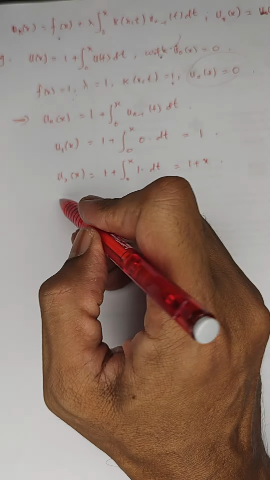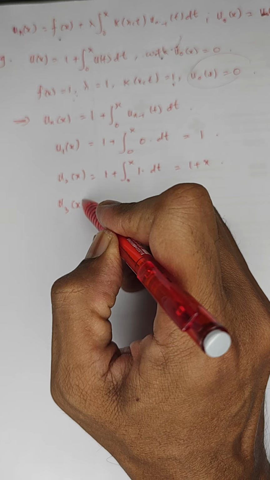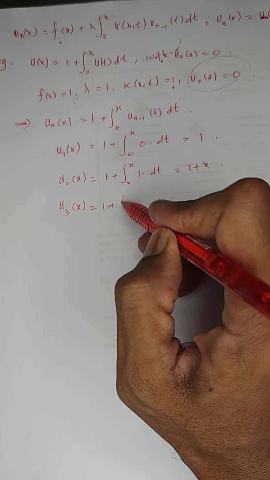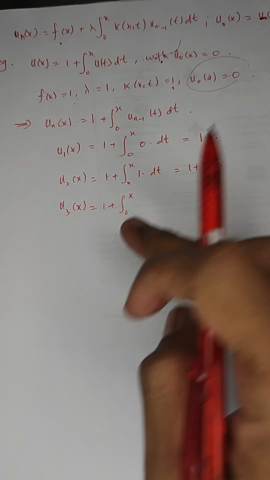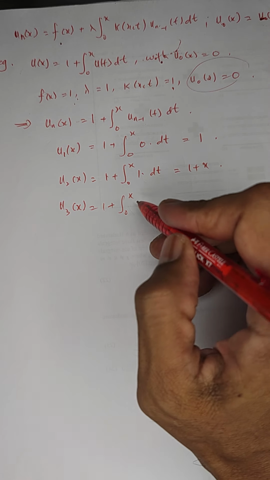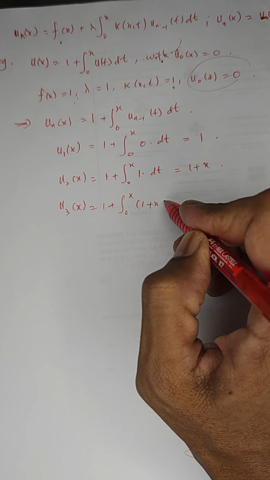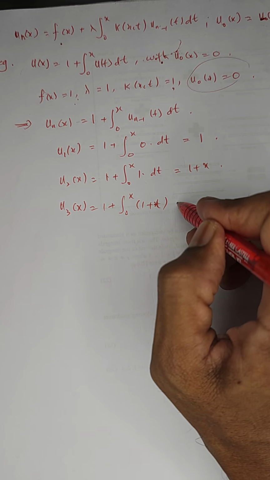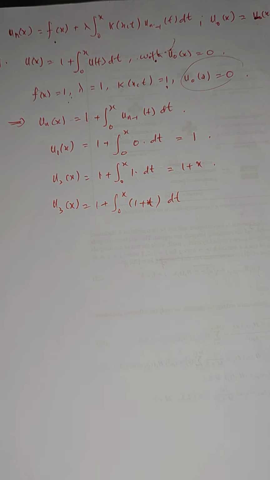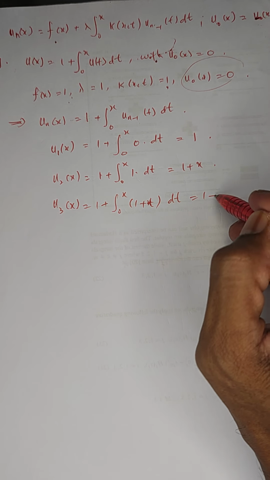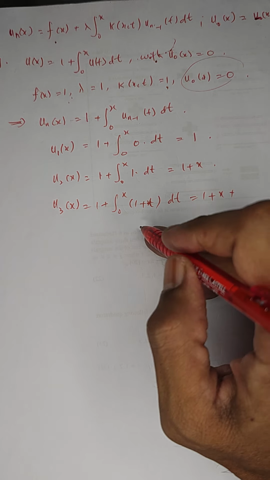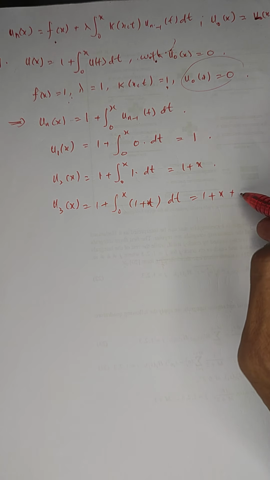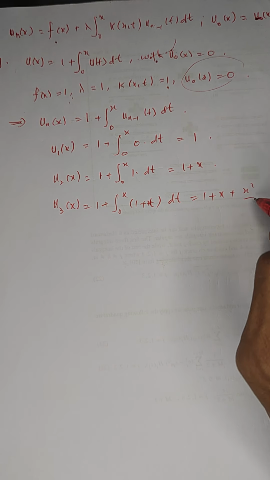Then you can find u3(x). This is 1 plus the integral from 0 to x of u2, which is given here, so we have 1 plus t, dt, right? This will give you 1 plus x plus x squared over 2.